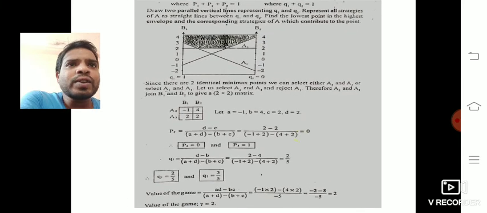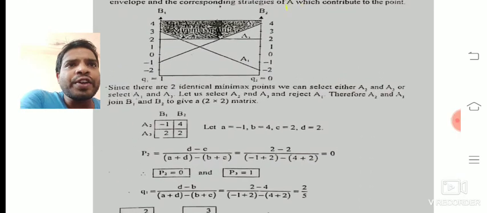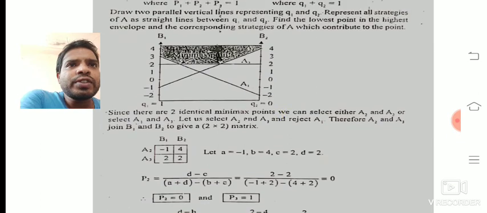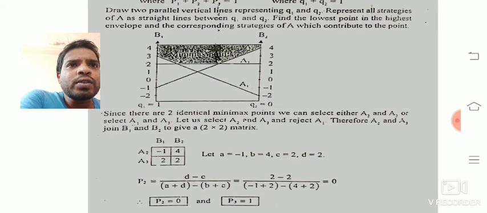Applied. Draw 2 vertical lines B1 and B2, separated by the probability lines, with minimum element -2 and maximum 4. According to your convenience, you can take the scales, and draw the lines. Since it is an m into 2 matrix, the darkened region we can call the upper envelope region. In that we can find the minimum point.